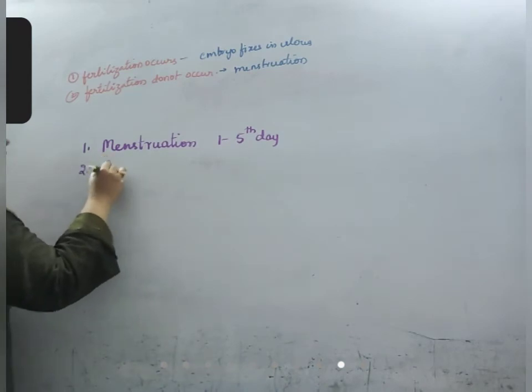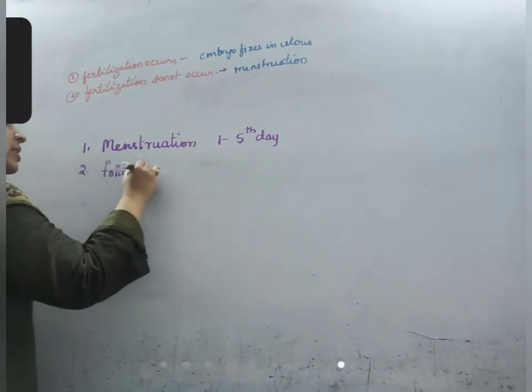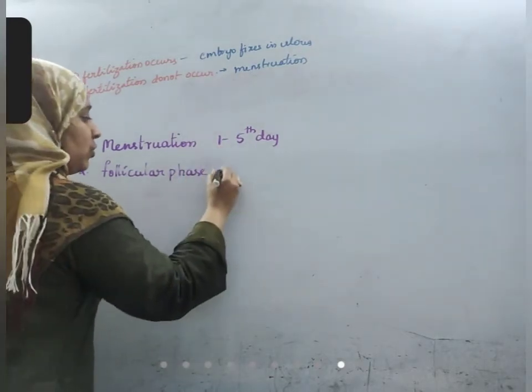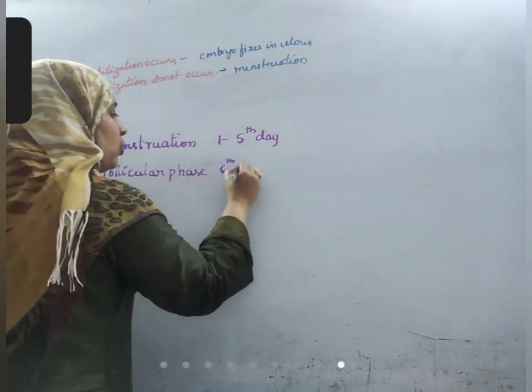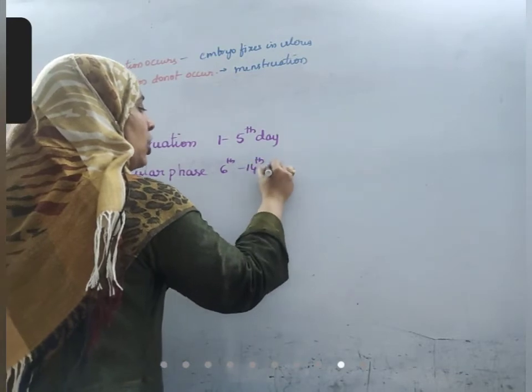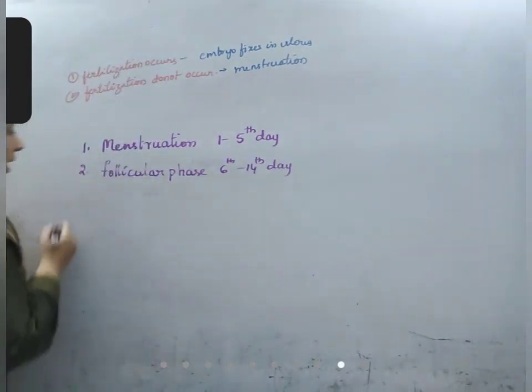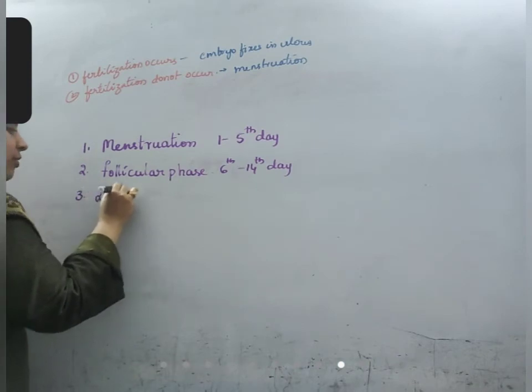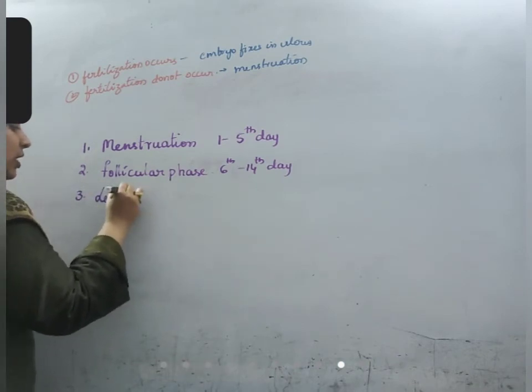Second one is the follicular phase. The follicular phase is from the 6th day to the 14th day. Follicle will develop. And the third phase is the luteal phase.